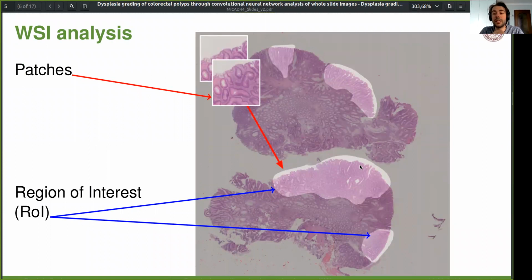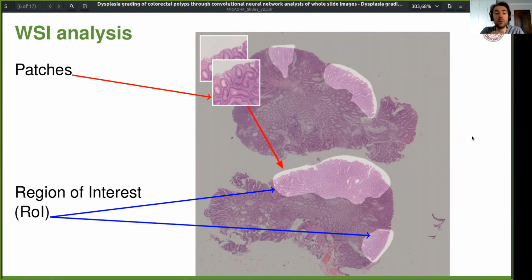Working on whole slides means working with high resolution images in which there is the projection of tissue taken from the biopsies. We asked all pathologists not only to label the entire slide with the diagnosis, but also to highlight, to annotate what we call regions of interest, so informative tissue that helps them to make the diagnosis.